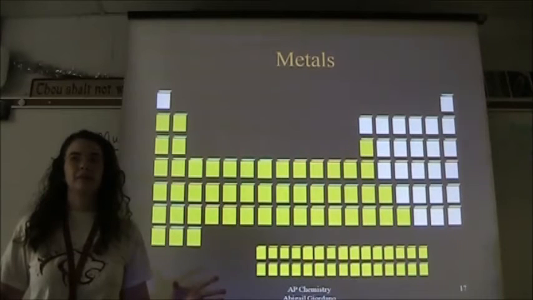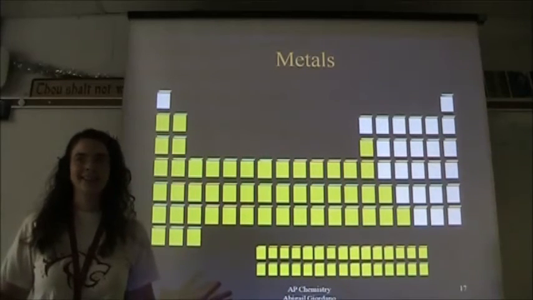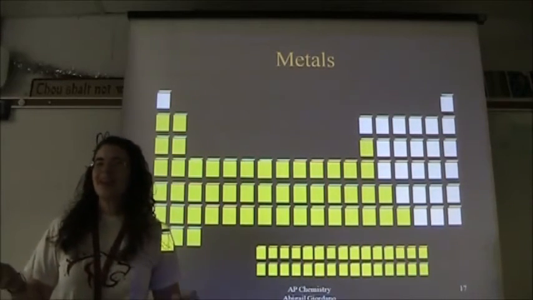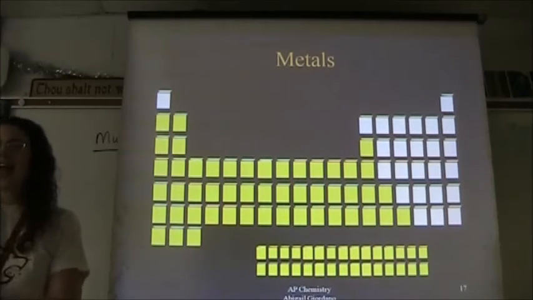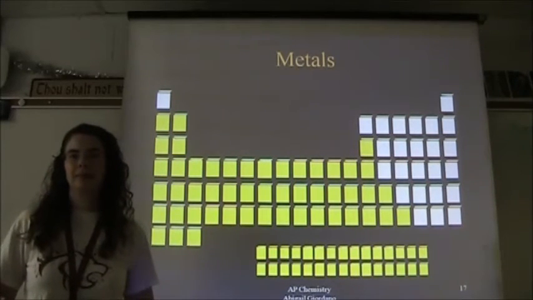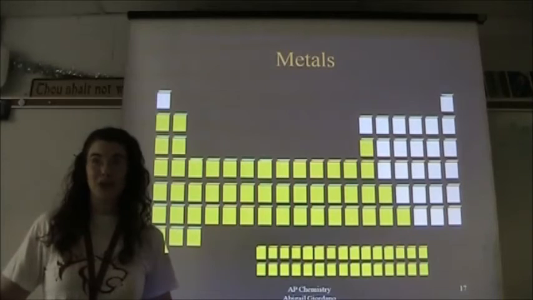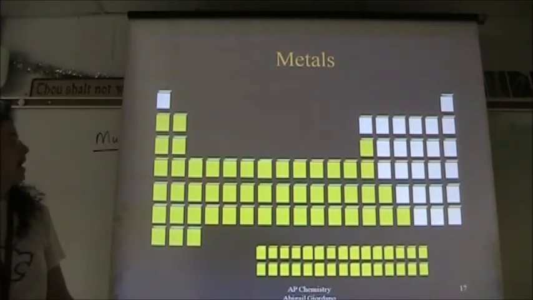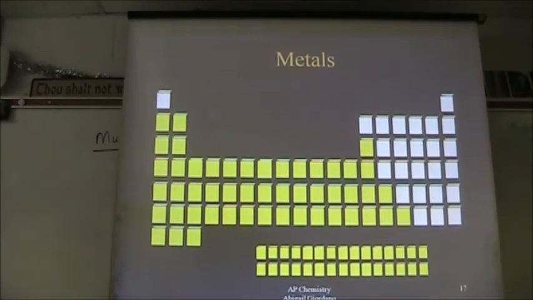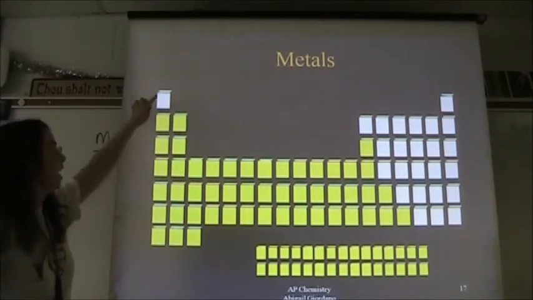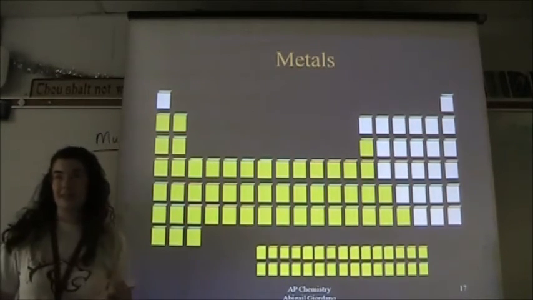It's not a trick question. True. Is hydrogen an alkali metal? No should be the resounding answer. Hydrogen is definitely not a metal. It's a non-metal. That is not highlighted yellow for a reason.